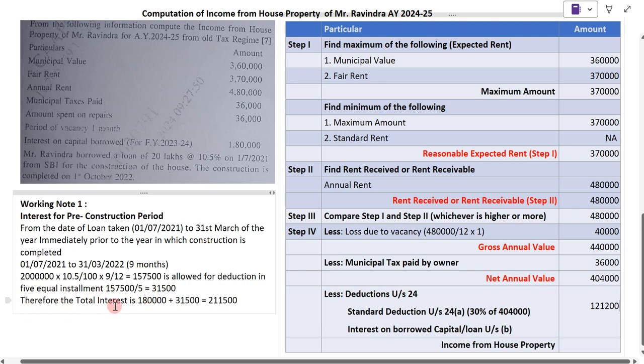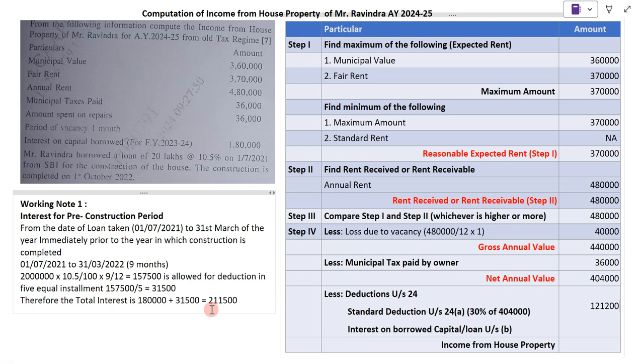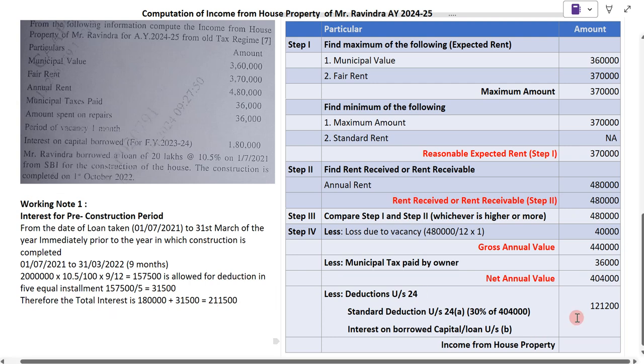So the total interest is 1,80,000 plus 31,500. How much is the total interest on capital borrowed? 2,11,500.